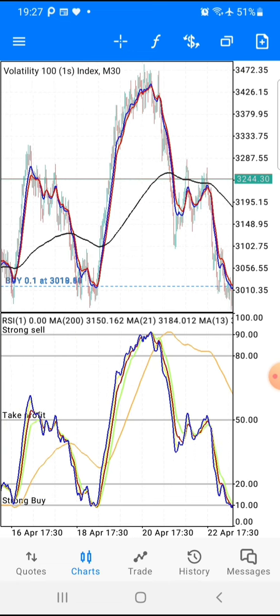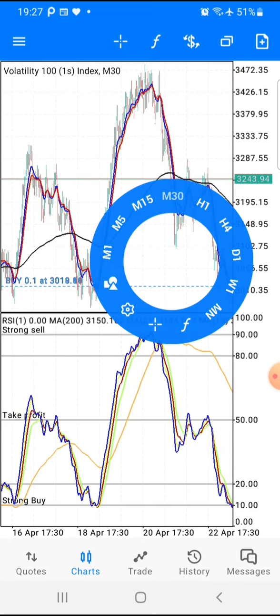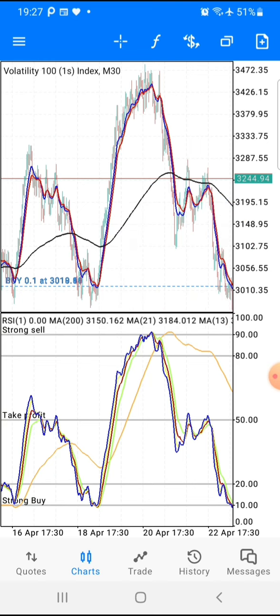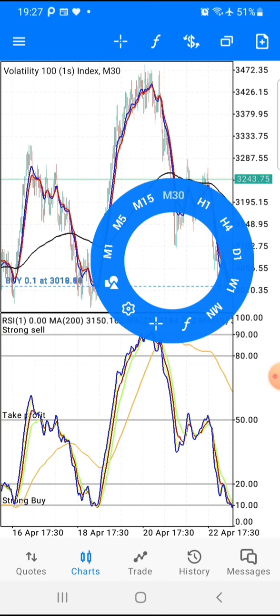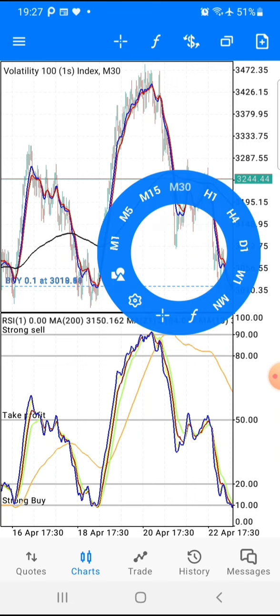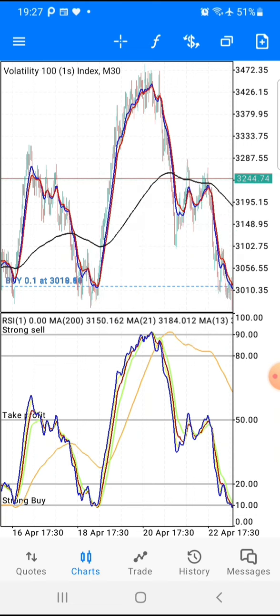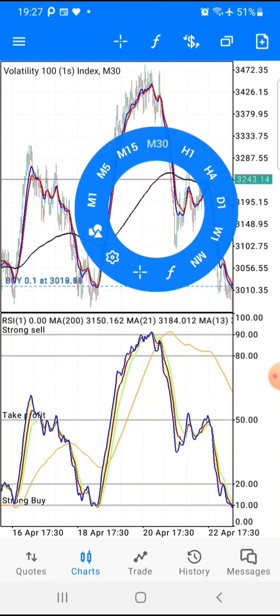If you're having a $10 account, $20 account, I think $20 is okay. It just depends on the positions you open. If you're having $10 or $9, guys, you can just go on a smaller time frame.